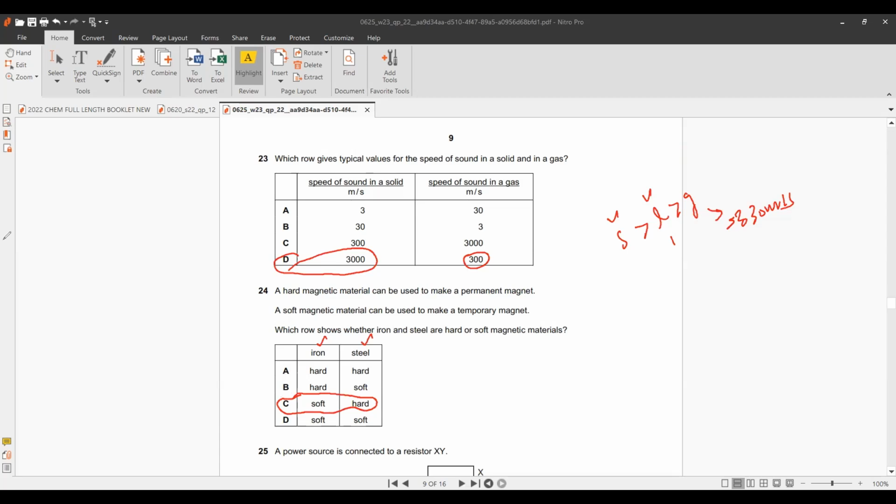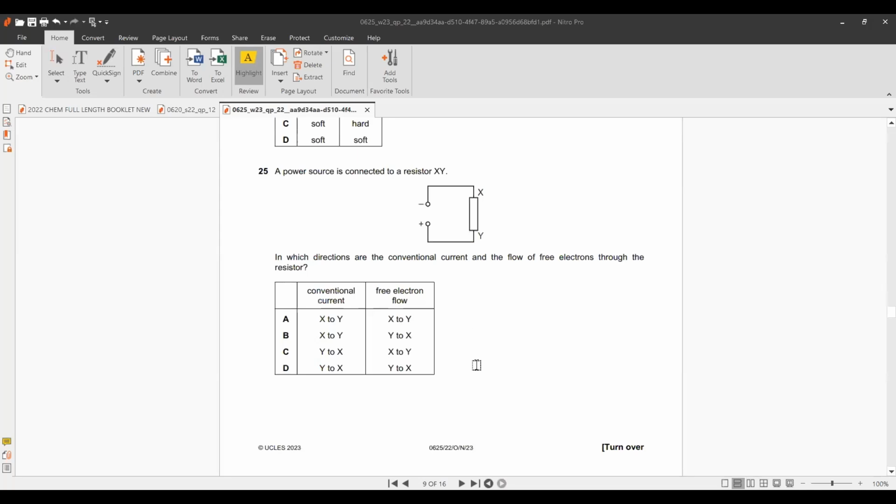Moving on to the next one, they have given us a power source, and they have asked us to find out the direction of current and the direction of electrons. As per our knowledge of electricity, we always use conventional current, which is from positive to negative, and electron flow is in the opposite direction, which is from negative to positive.